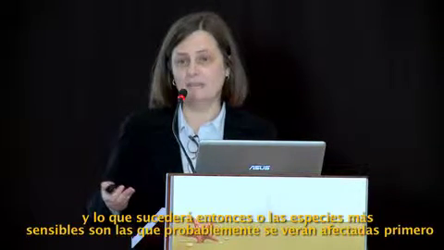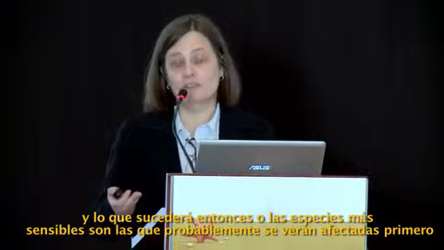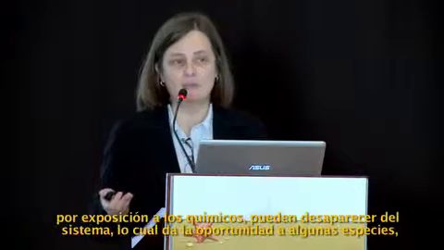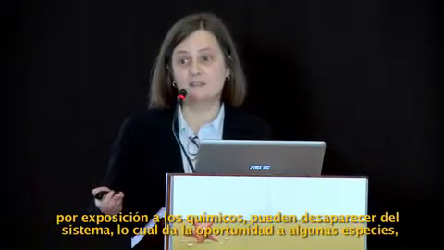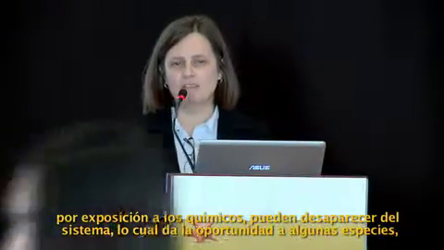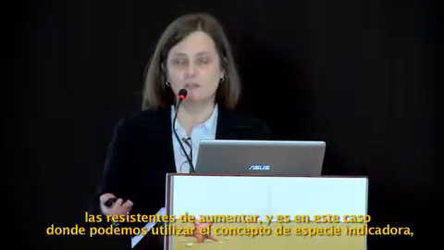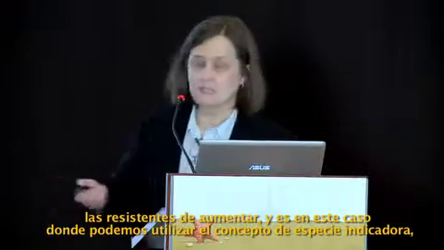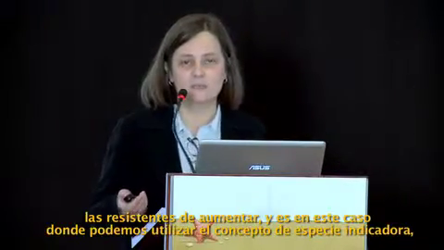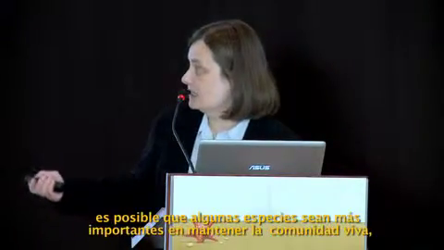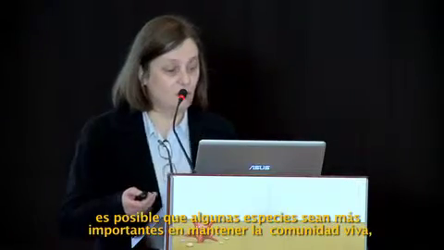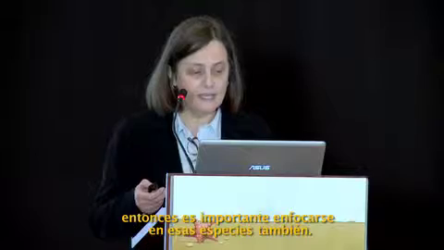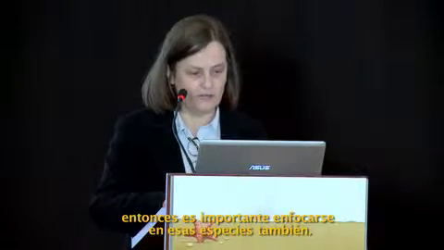So the most affected or most sensitive species are the ones likely to be affected first by exposures to chemicals. They might disappear from the system, which might give opportunity to some species, the opportunistic, resistant species, to increase. And this is where we can use the indicator concept to assess. And some species might be actually more important in keeping the community going and functioning in a proper way, so it is important to focus on that too.